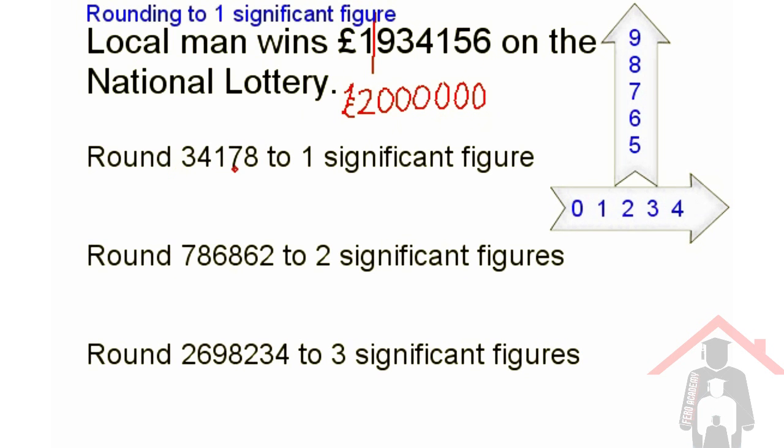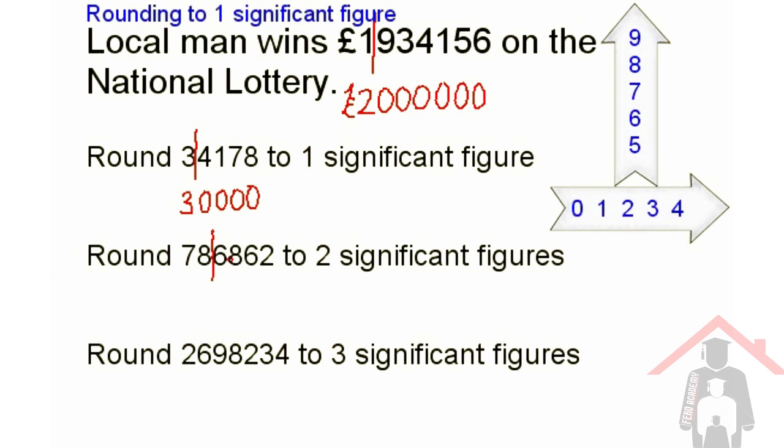To round this number to one significant figure, I count one figure from the left and draw a line down. This figure is lower than 5, so this figure will stay as it is. Then all of these need to change to zeros. For this one, I'm going to count 2 figures from the left and draw a line down.